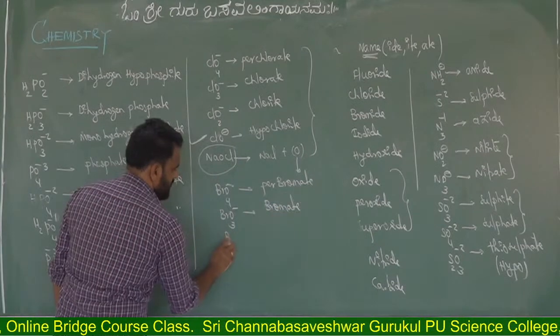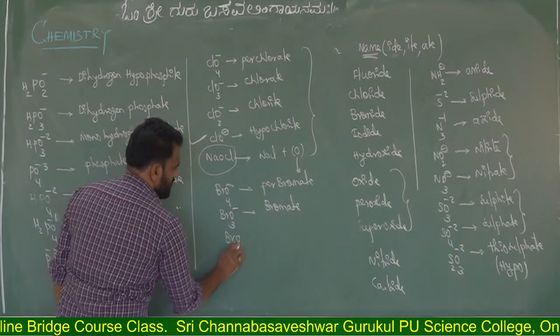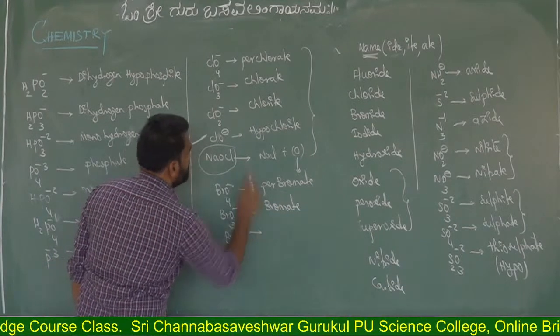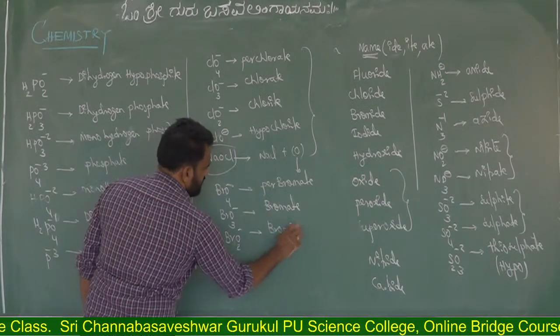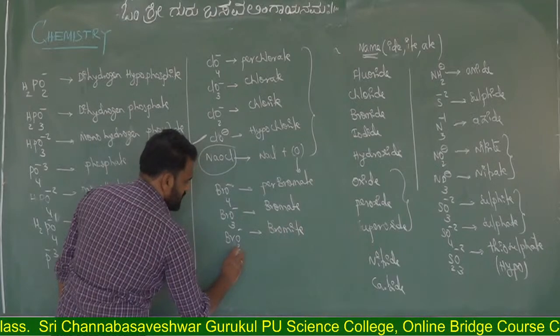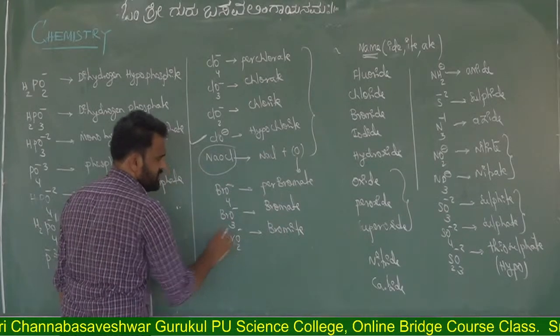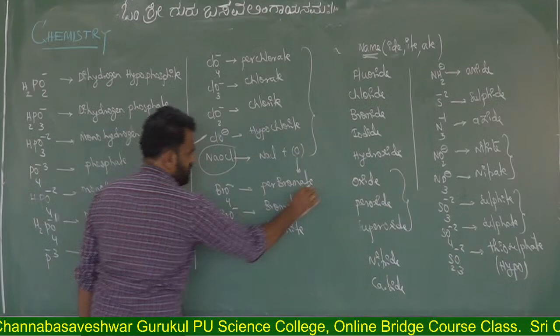BrO2 minus 1, this is bromite, and hypobromite, BrO minus. Like this you will get with bromine.